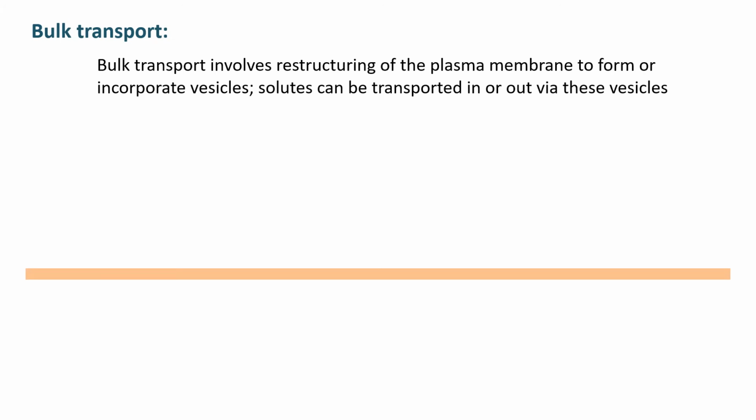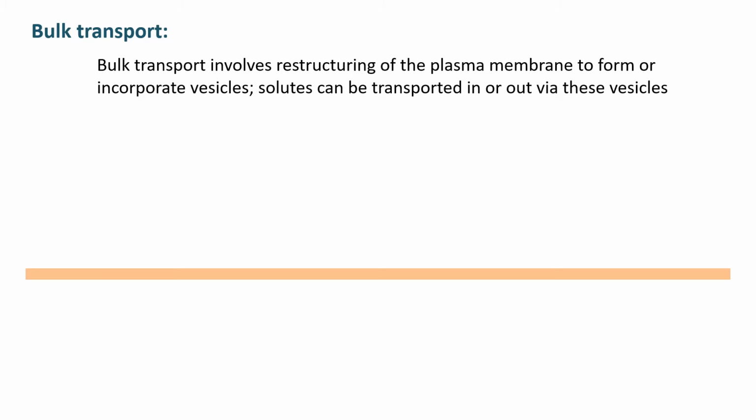Bulk transport. So bulk transport, here we're talking about vesicles. And if you remember, I said in part 1 about all the membranes in the cell are all phospholipid bilayer. So we can form vesicles from any of the organelles that have membranes, and those vesicles can then merge and meld with the plasma membrane of the cell.